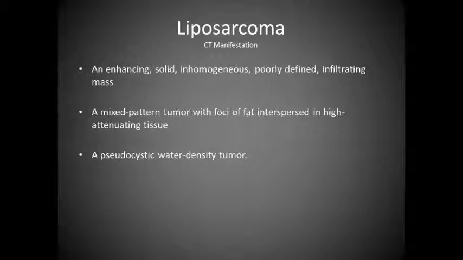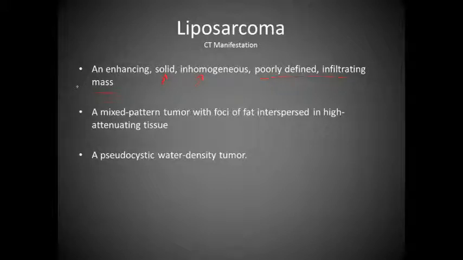An enhancing solid, so it's going to have the appearance potentially of being solid, and inhomogeneous, so it's not going to have all of the same density on the inside though. And it's going to be poorly defined infiltrating. And what we mean by poorly defined infiltrating is it looks like it's spreading into the other tissues.